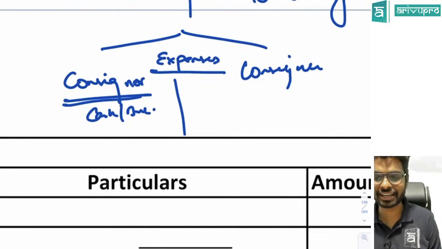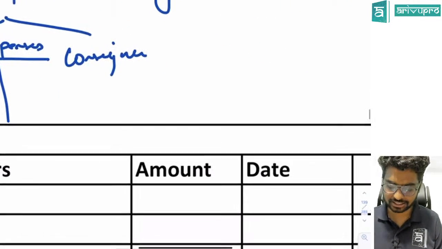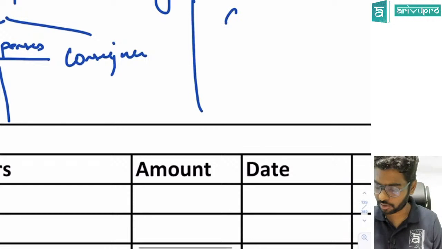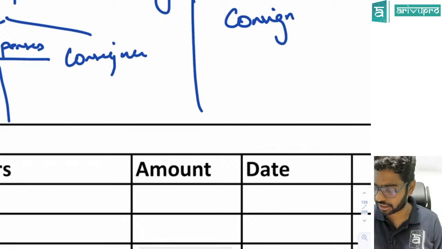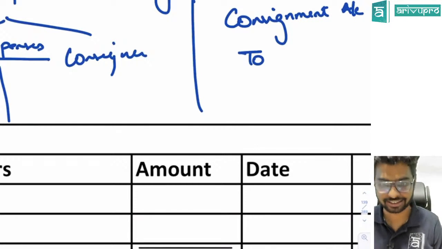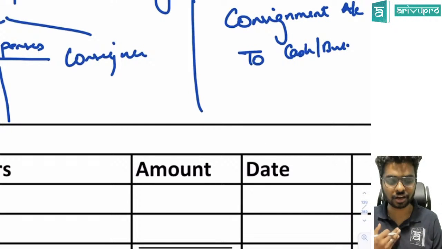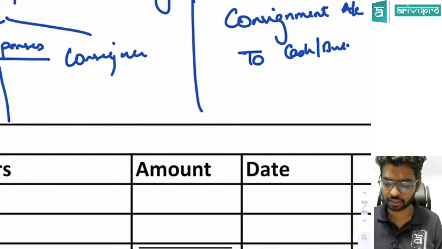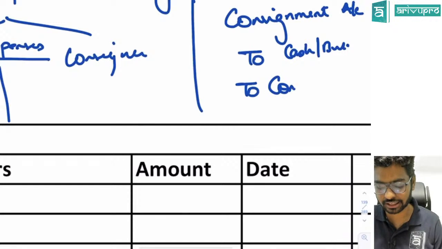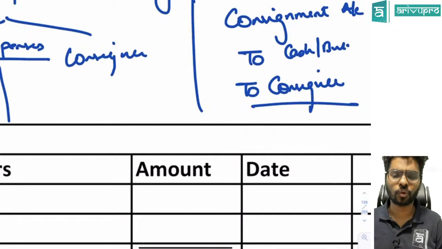So for me, consignment is an expense, and all my income or expenses will come under one account called consignment account. If expenses are incurred by consigner, then it will be consignment to cash or bank, because in my accounts cash is going out. If it is to be paid by the consignee, then to consignee account.